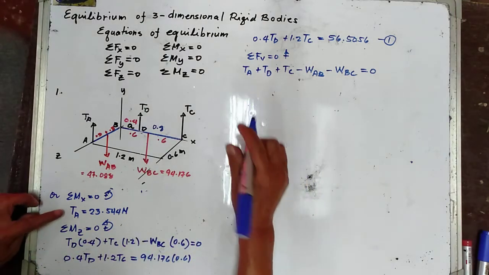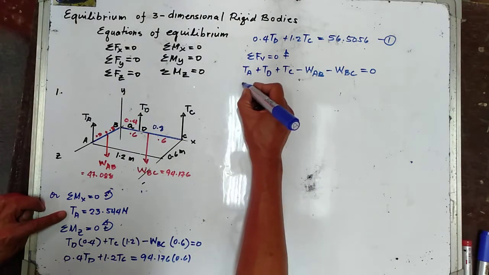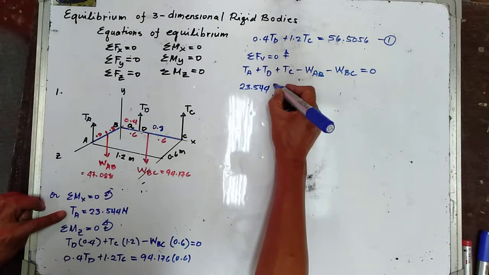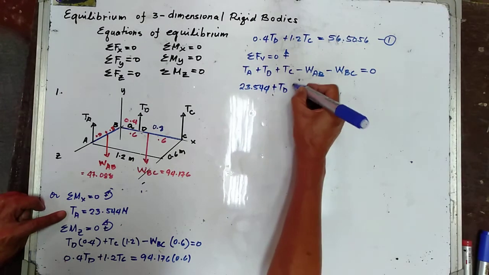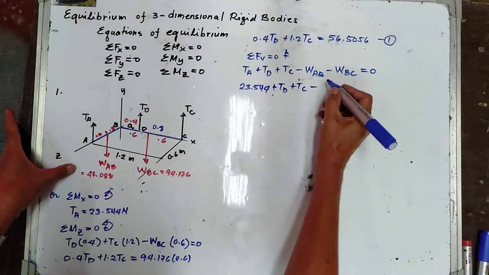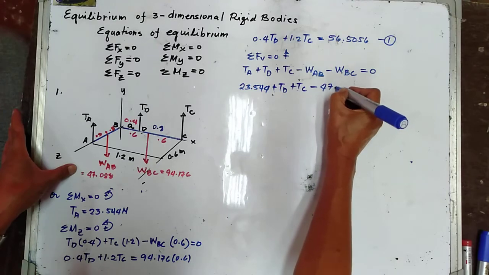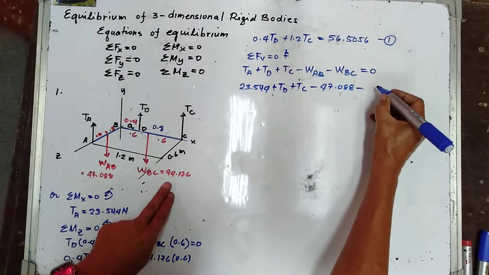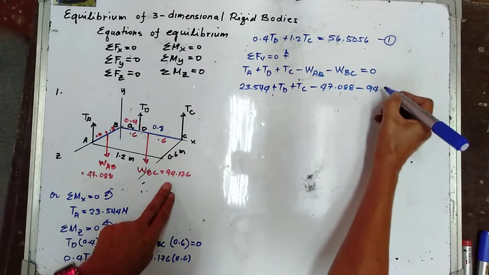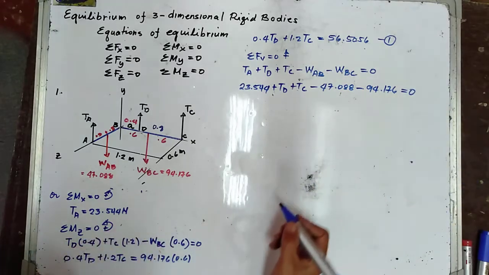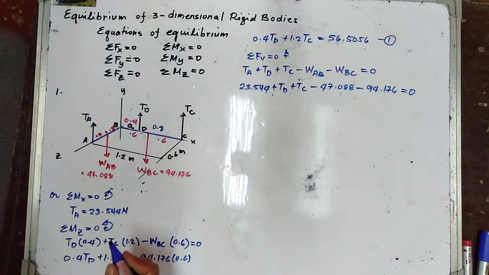We know the value of TA, and that is 23.544, plus TD plus TC minus WAB, 47.088, minus WBC, 94.176 is equal to 0.